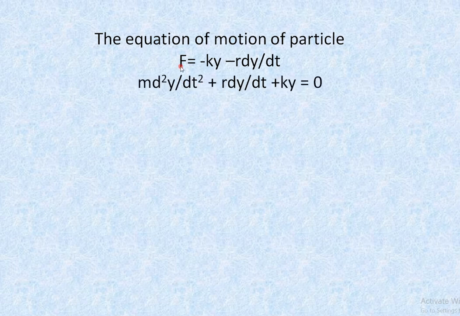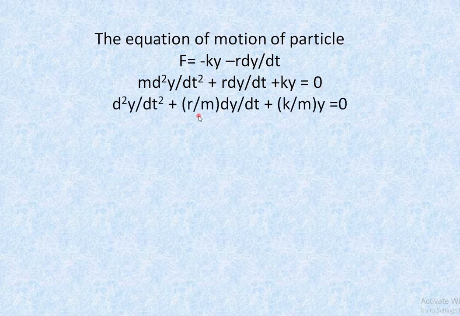By putting force is equal to mass into acceleration, we get m d2y by dt square plus R dy by dt plus ky is equal to 0. Dividing by m on both sides, we get d2y by dt square plus R by m into dy by dt plus k by m into y is equal to 0.